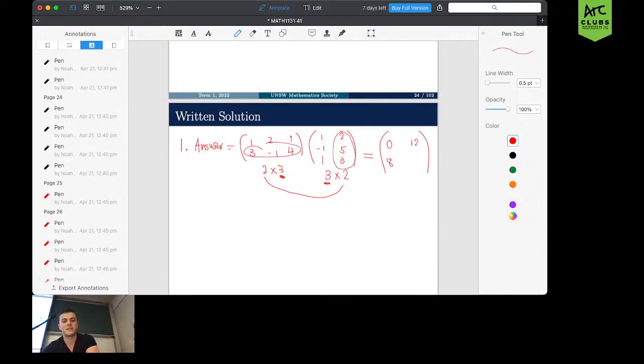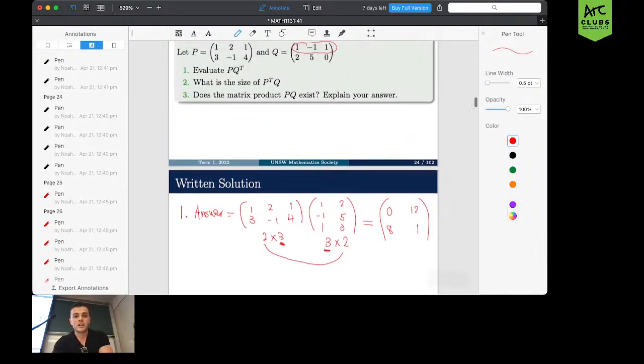So that's going to be 3 times 2, which is 6, plus -1 times 5, which is -5, plus 4 times 0, which is 0, and that whole thing's just 1. And so that's how you multiply matrices. Keep in mind, you might have to deal with higher dimensional matrices, but the same process follows.